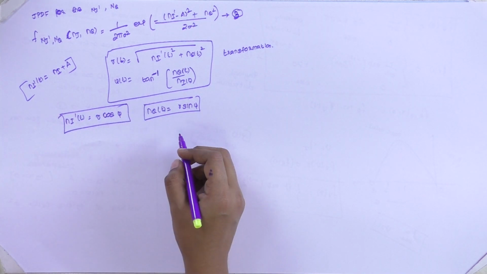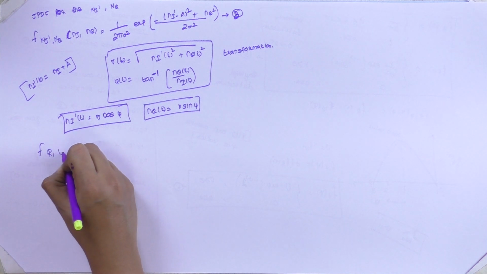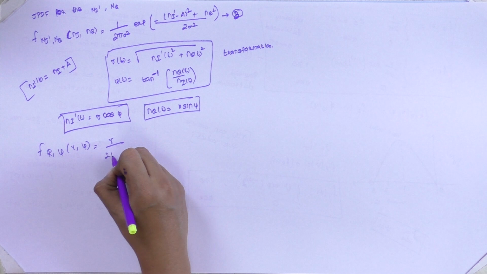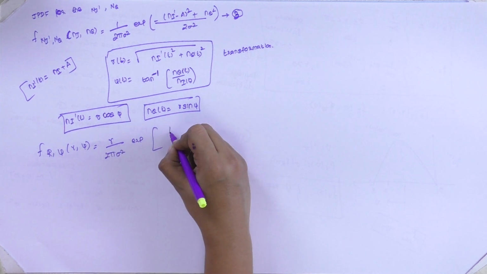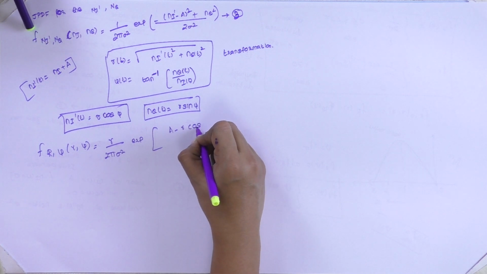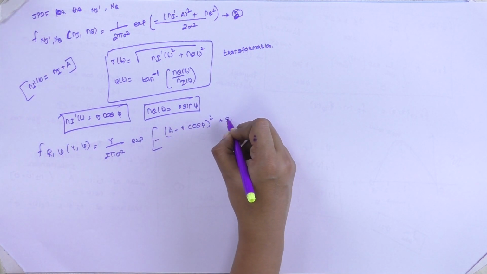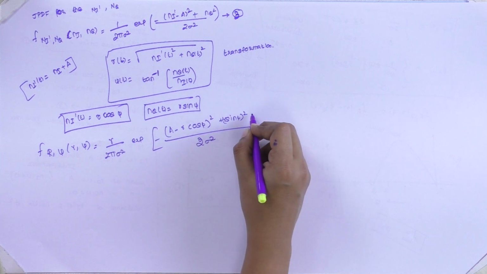Therefore, by substituting the transformation functions, f of r comma psi is equal to r divided by 2 pi sigma square exponential of minus a minus r cos psi whole square plus r sin psi whole square, whole divided by 2 sigma square.